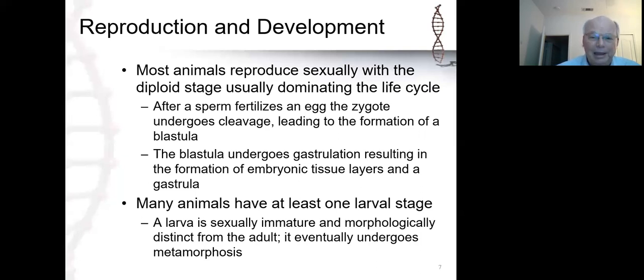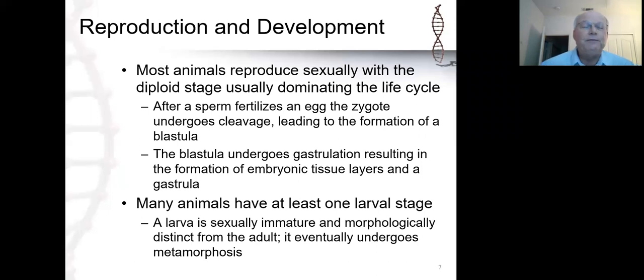Then you have complete metamorphosis, which you are probably familiar with in terms of a caterpillar turning into a butterfly, where you have a complete destruction of the larval body plan, and then out of that deconstructed larval body plan emerges a new body plan, which is the adult body plan.